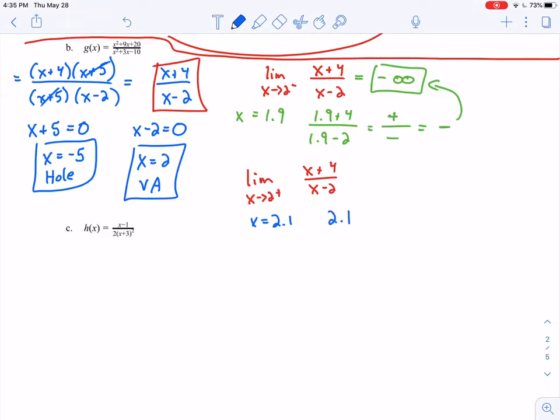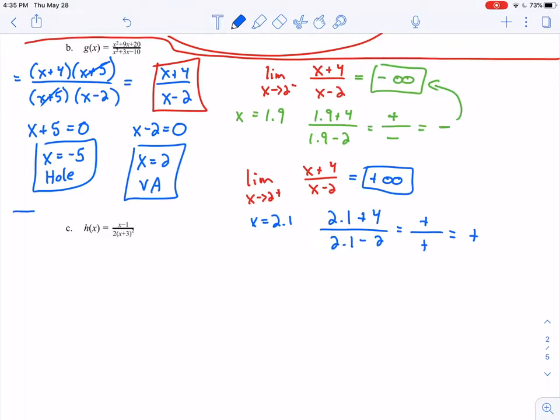So here I've got 2.1 plus 4 divided by 2.1 minus 2. And again, I'm just checking the signs here. 2.1 plus 4, that's a positive number. 2.1 minus 2, that's another positive number. If I take two positive numbers and divide them, I'll get another positive number. That means that this must approach positive infinity on this side here.